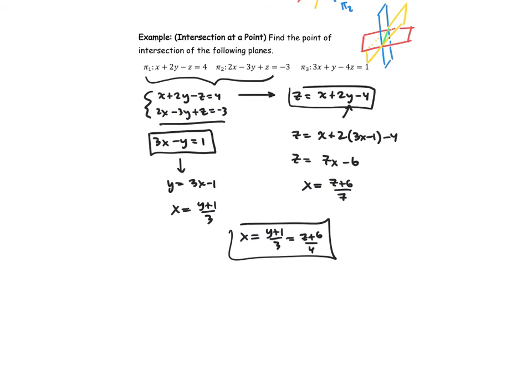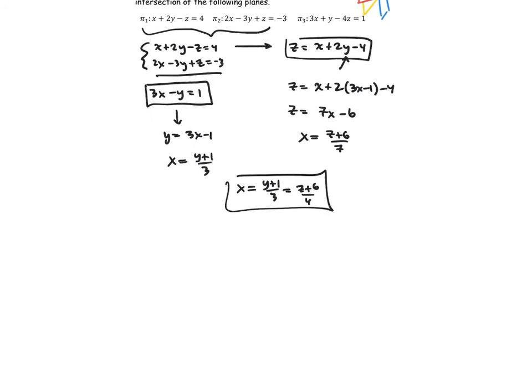Okay, so how do I utilize that to find the point of intersection of these three planes? What I'm going to do, and this is always very useful, is take this Cartesian form and put it in parametric form. Okay, so putting this in parametric form, let's say x equals lambda, and y plus 1 over 3 equals lambda, and z plus 6 over 4 equals lambda.